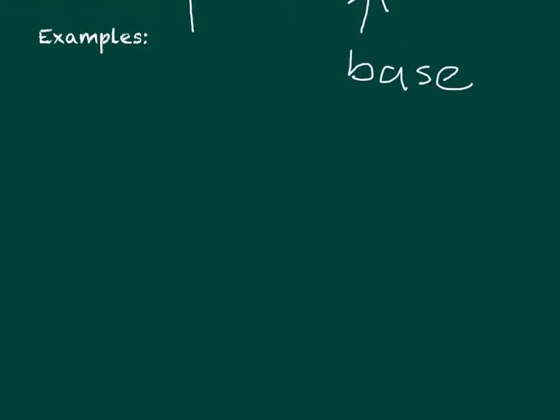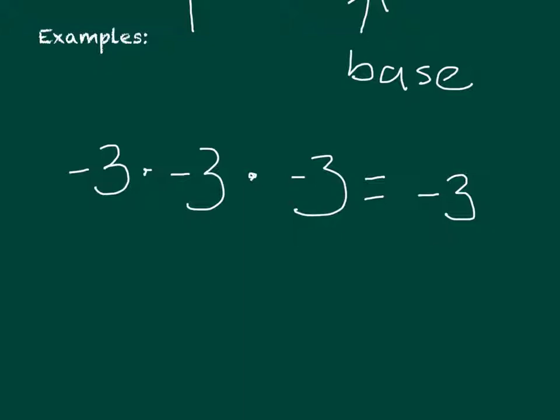Say I have a -3 times -3 times -3. Okay, so here we have a factor of -3 being multiplied, so that means our base is going to be -3. And then how many times is it being multiplied? 1, 2, 3 times, so that means our exponent is 3.